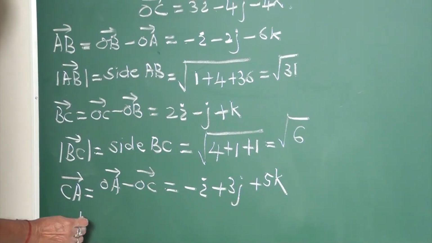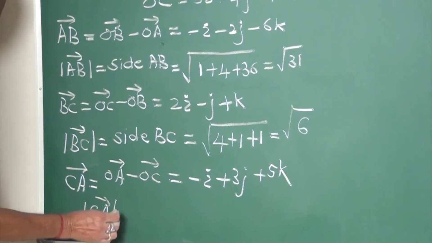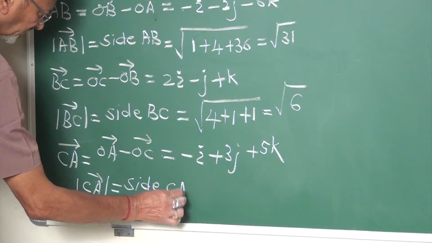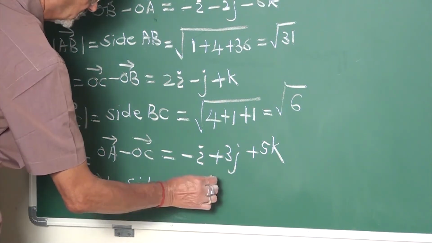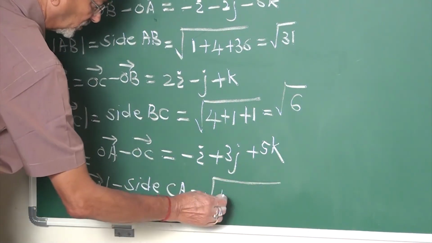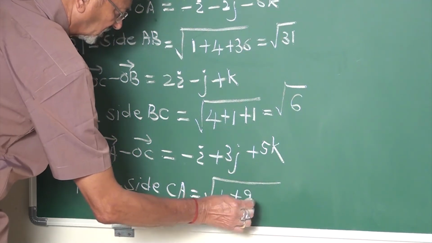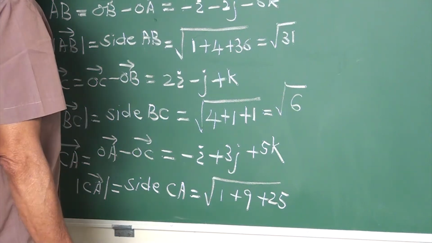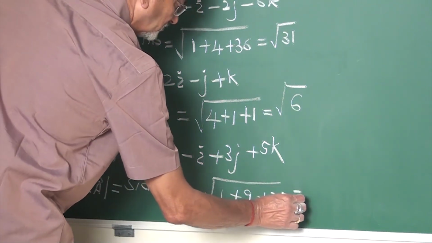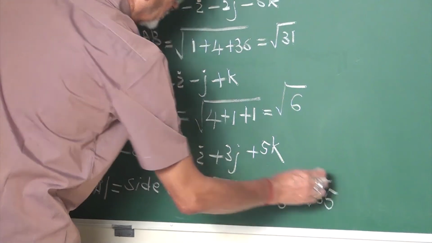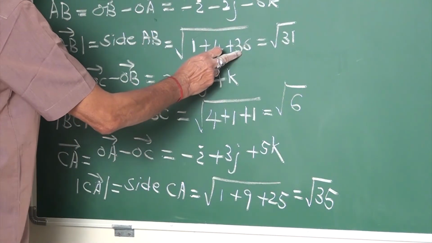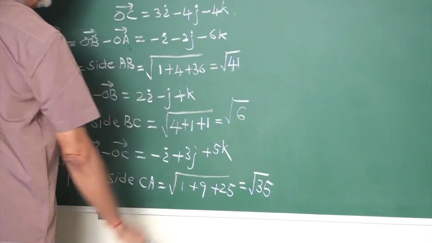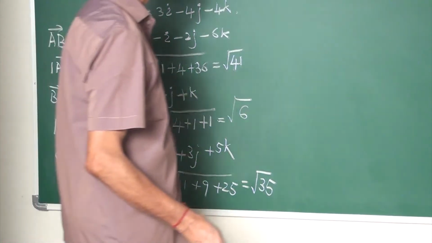So magnitude of CA, which is side CA, is square root of minus 1 whole square plus 9 plus 25, which is 35. Root 35. Yes, my friends, we have made a mistake here. 36 plus 4 is 40, 41, not 31. It is 41.